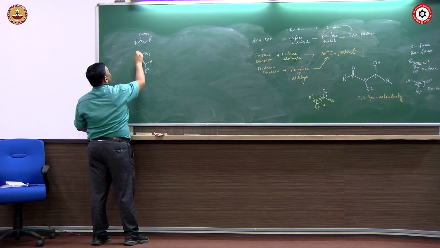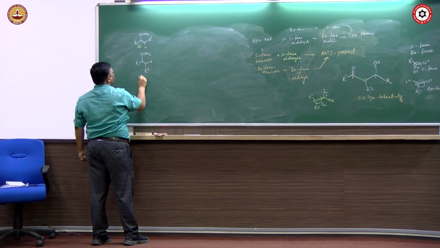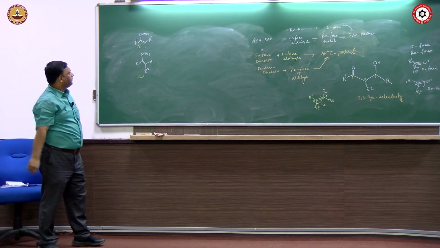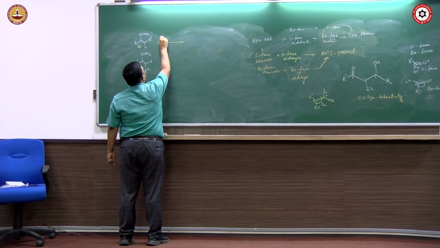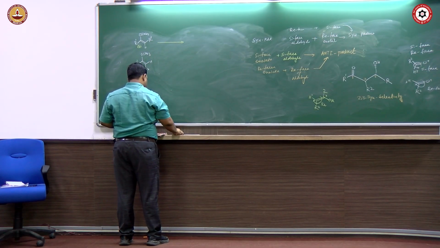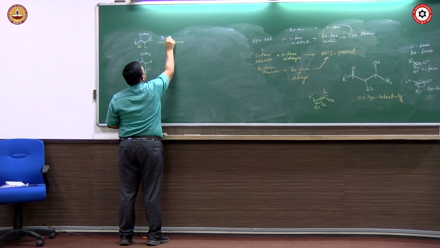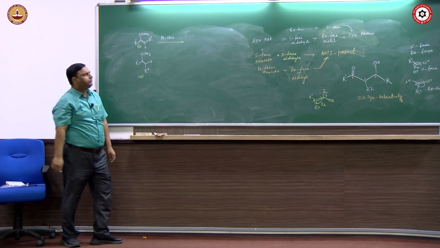So, this is my Z enolate or silyl enol ether, this is my E silyl enol ether. Okay. I am going to react with some aldehyde, let us say benzaldehyde, no problem. Any aldehyde you can take, R aldehyde is fine.